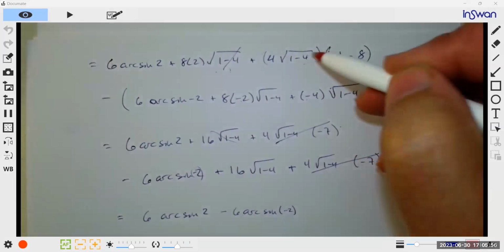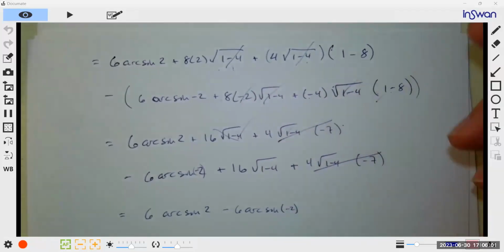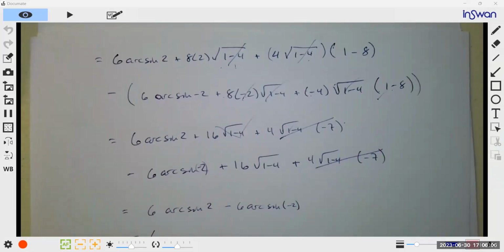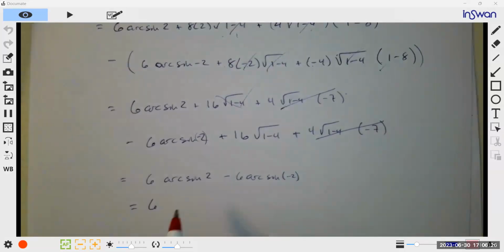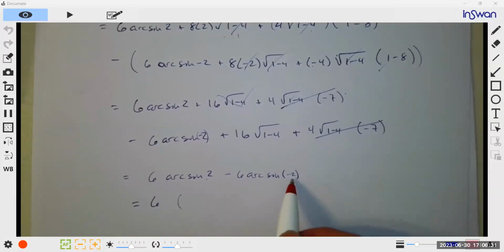Those disappear because we can't use those for negatives. We can't do those because you can't be larger than 1 or -1.